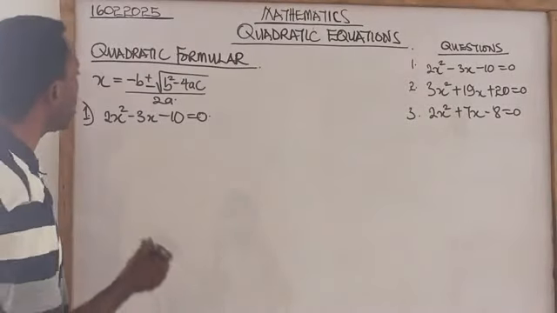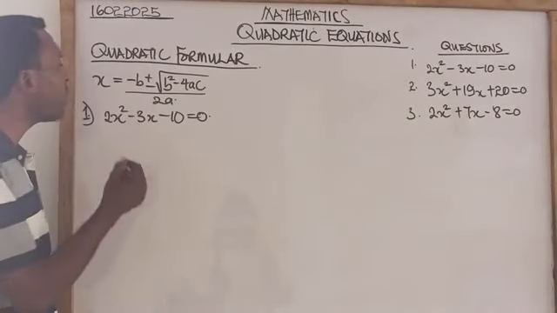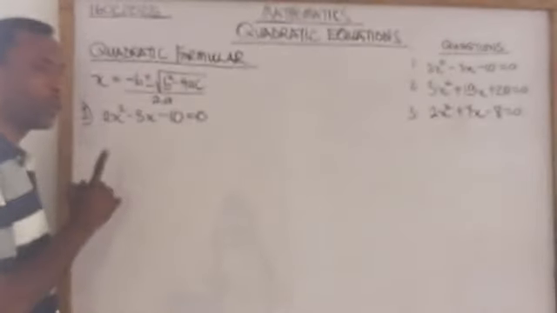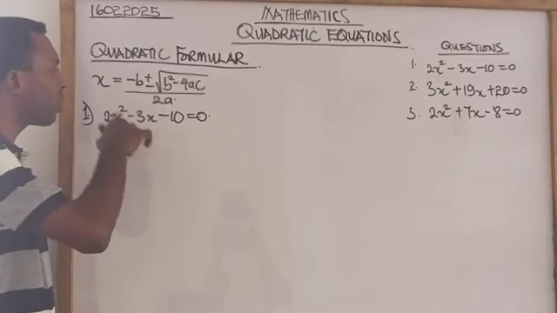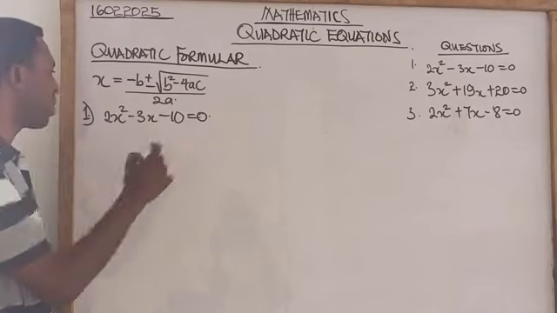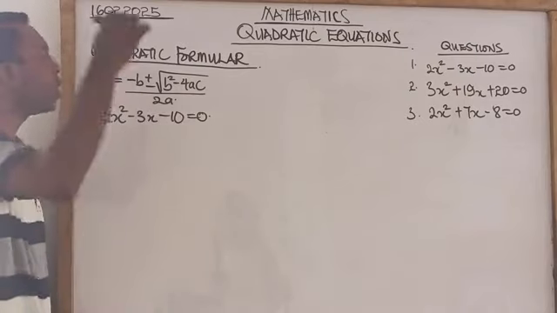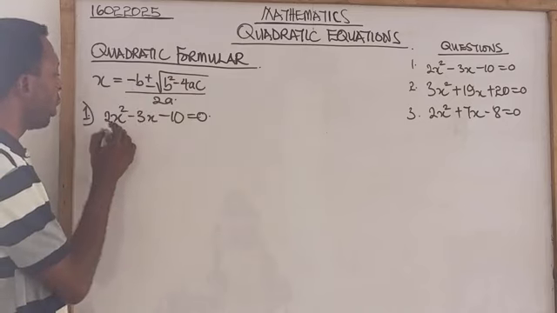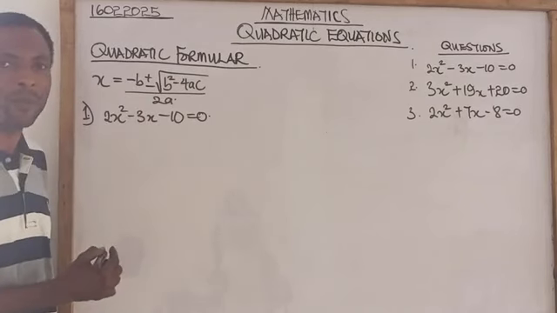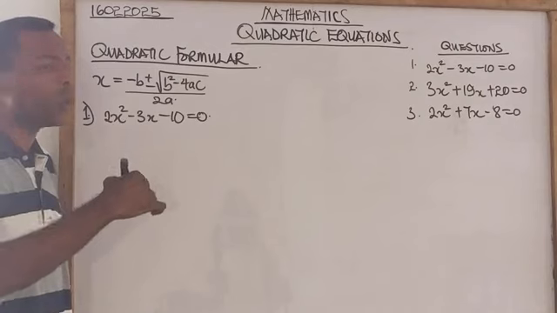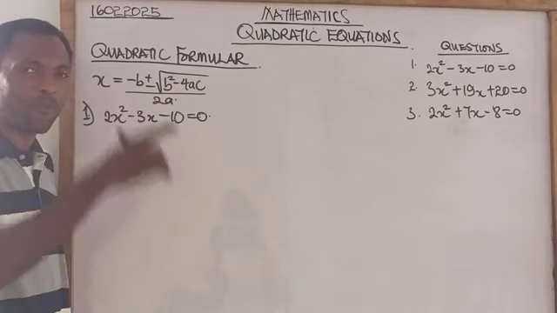In the first equation, the coefficient of x squared is 2, while that of x is minus 3, and our constant is minus 10. That has to do with the formula we want to use. We use some variables in the formula. x is what we are looking for, but we have a, b and c.